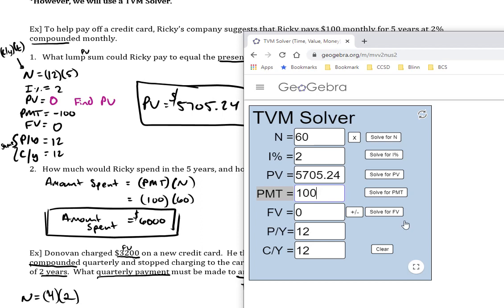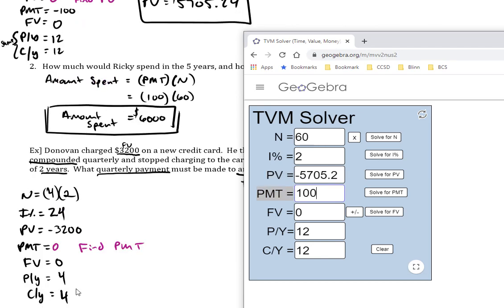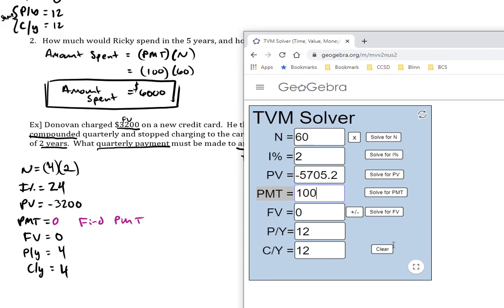If I did positive 100, it's going to just change it to negative there. So all it's doing is making sure these signs are opposite. Treating the payment as negative would be the more real thing we would do, but it doesn't matter. It's the same numbers, just with opposite signs, so it doesn't matter which one you do. On here, I'm choosing to do the negative 3,200 as a present value, and it's not going to change the absolute value of the answer.